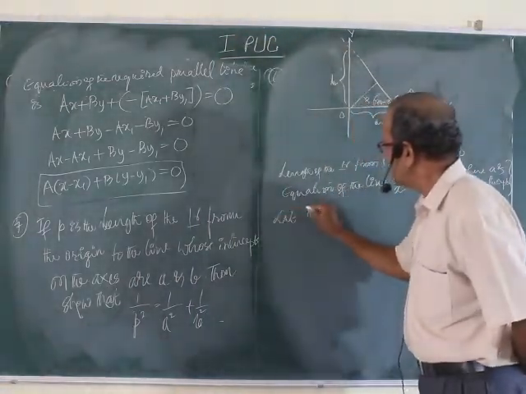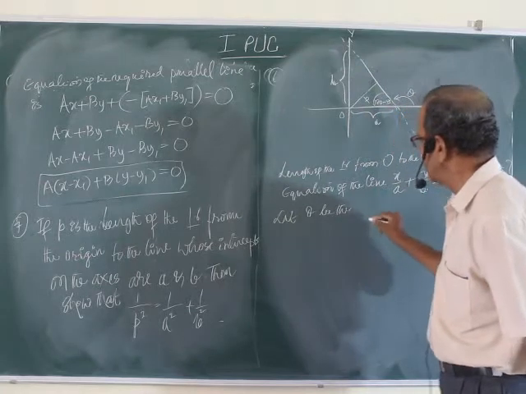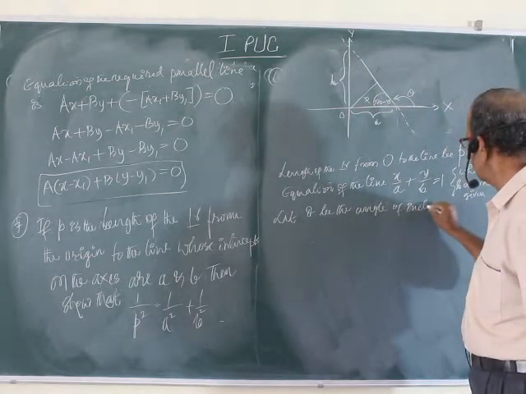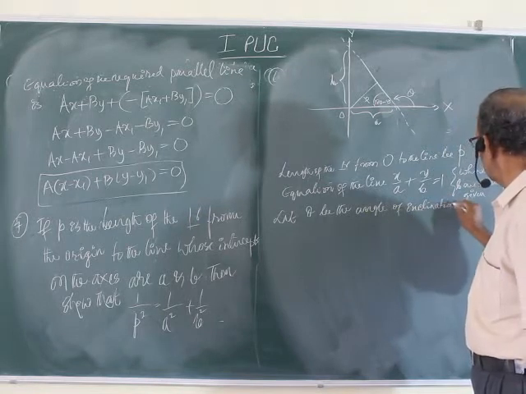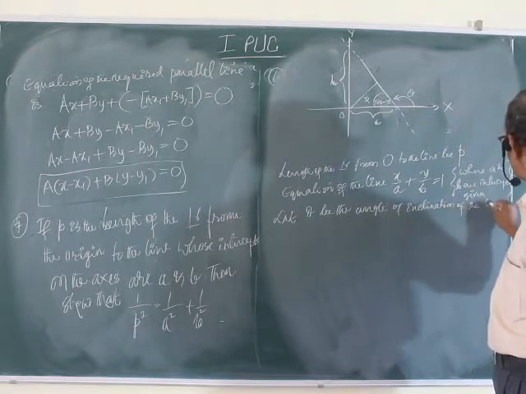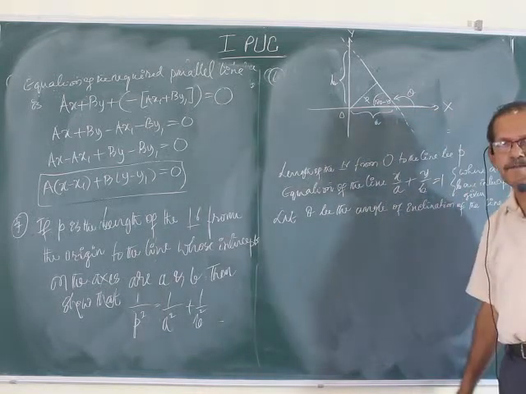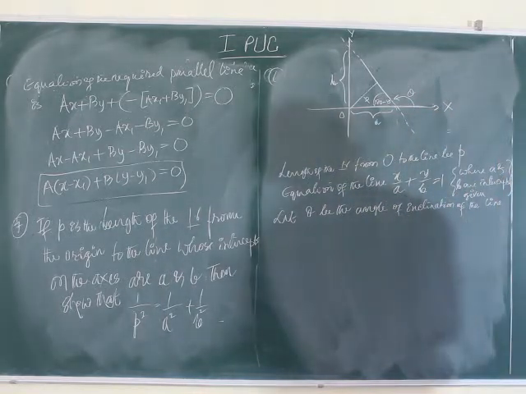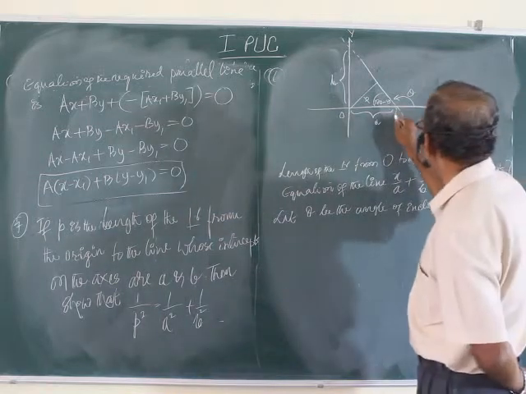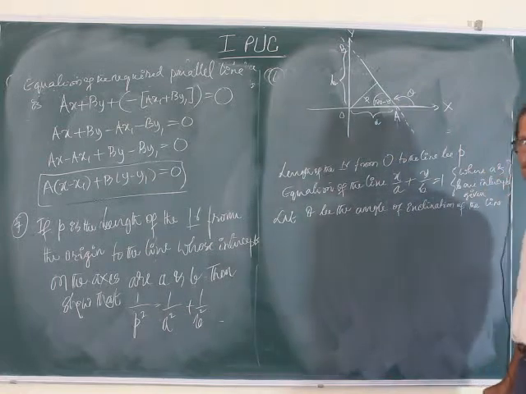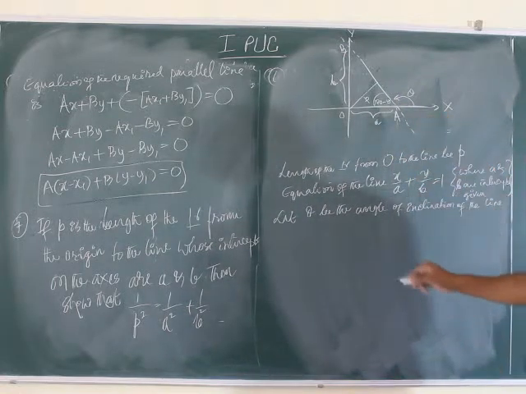Let theta be the angle of inclination of the line. Let me call this point A and this B. Straight away, let me write.